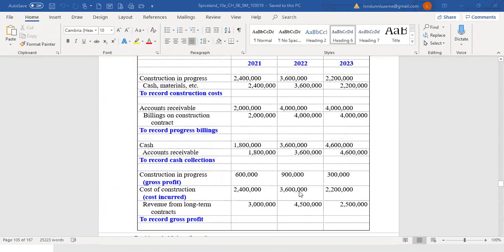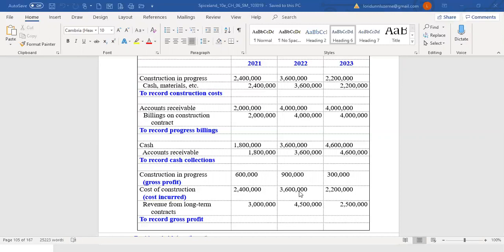What happened? You're going to debit your construction in progress 3.6, debit accounts receivable for 4 million, credit the billings on construction for 4 million, credit accounts receivable 3.6, and debit the construction in progress for 900,000.